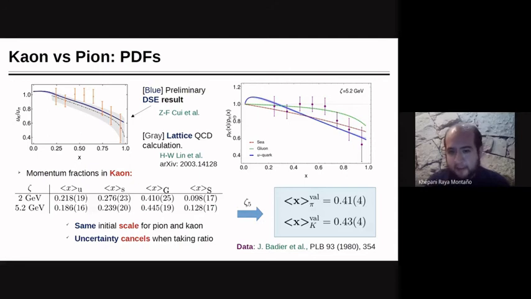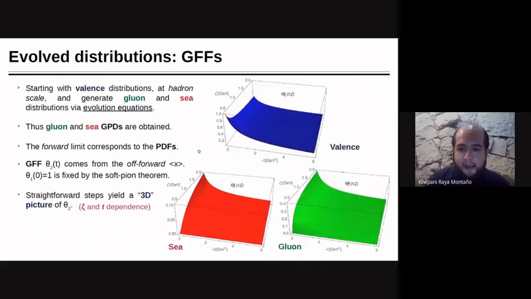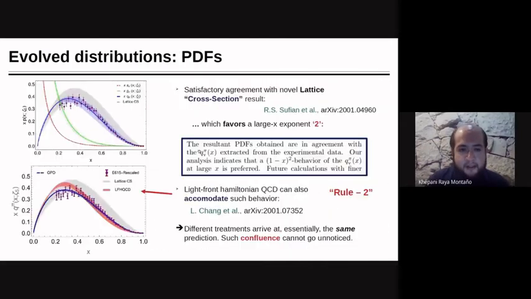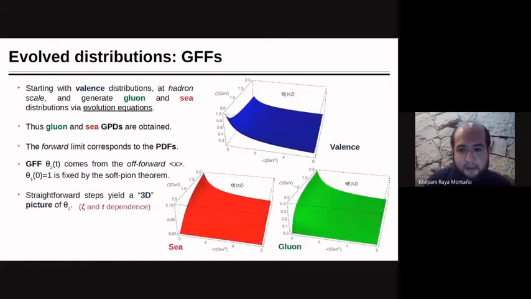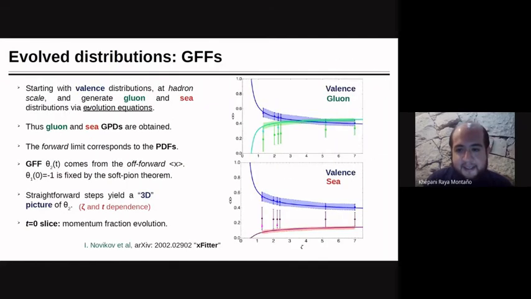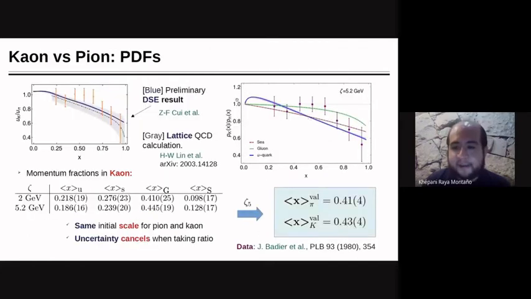This scale has been defined from the effective coupling I showed you before. And although I produce quite large errors for the independent distribution functions, when I take the ratio, these errors basically cancel. That's why the error band is so narrow.